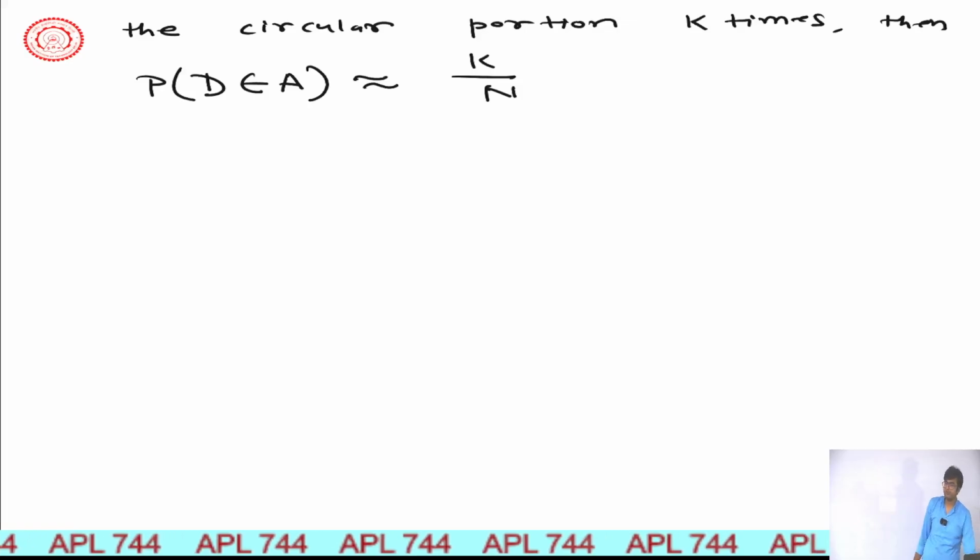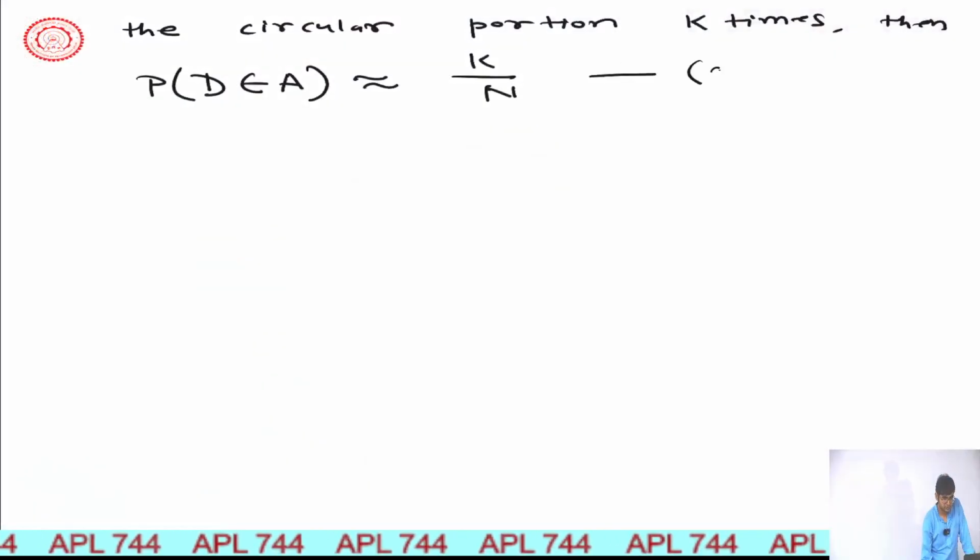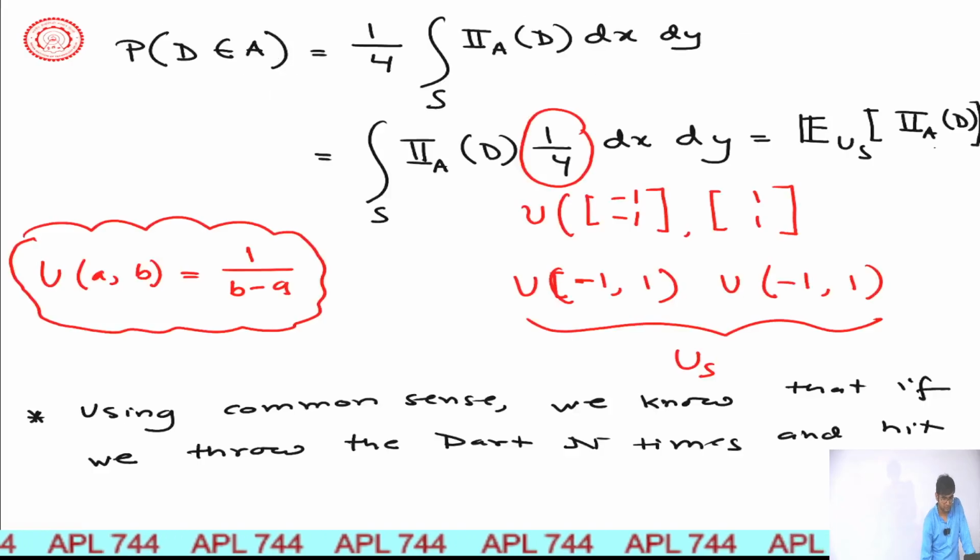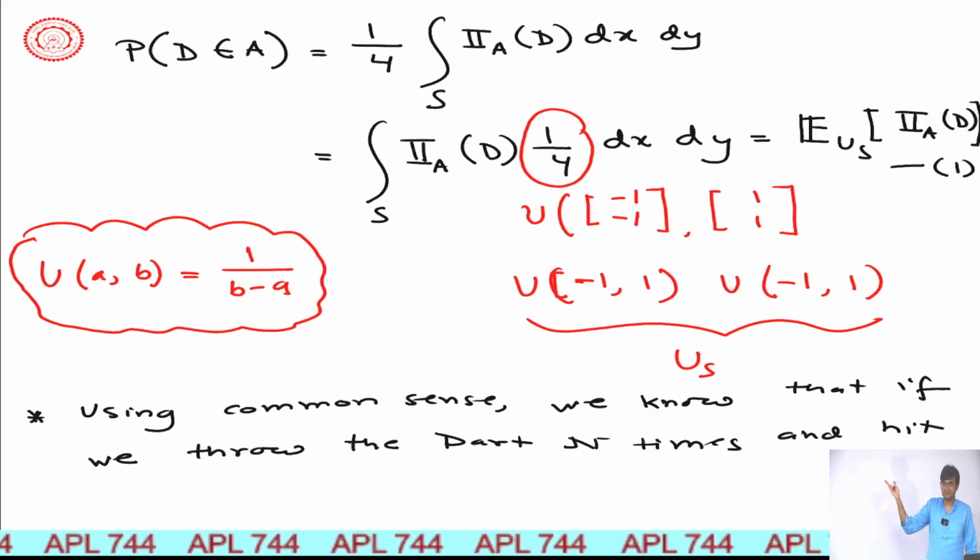This is our common sense estimate. Let us call it equation 2 and let us call the earlier one equation 1. Equation 1 and equation 2 are supposed to be the same under the assumption that n is very large. So can we show it?